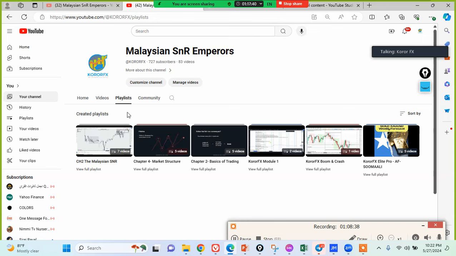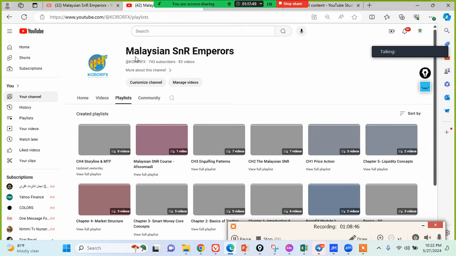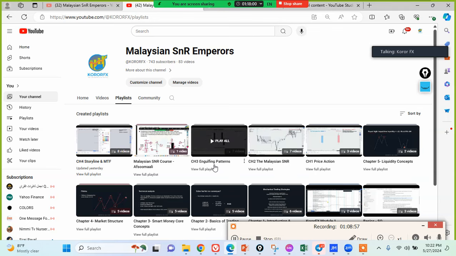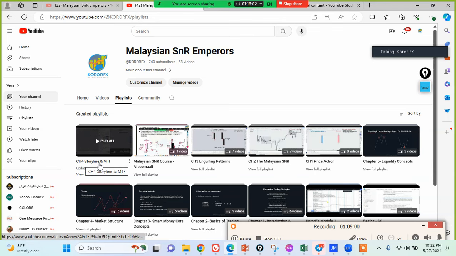If you want to know which level to start from, let us look here. Start from chapter 1, which is price action, learn, then chapter 2, which is the Malaysian SNR levels, then chapter 3, the engulfing, and then chapter 4, storyline.